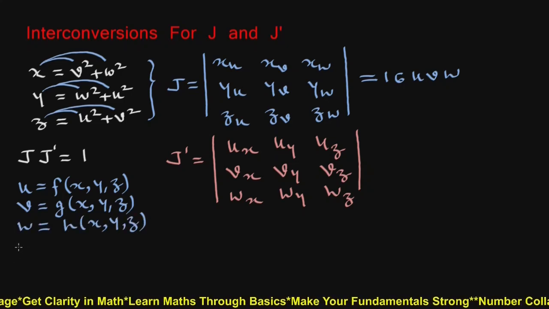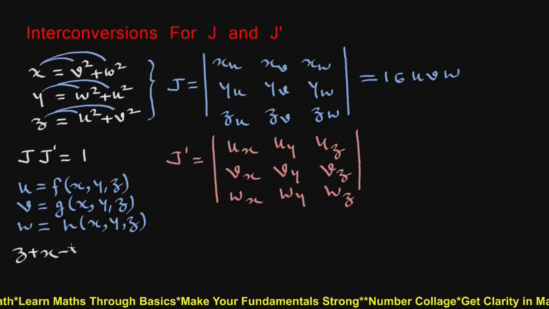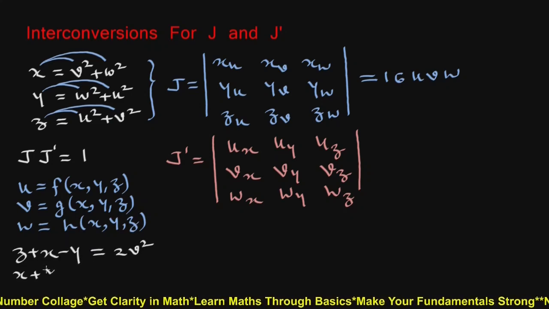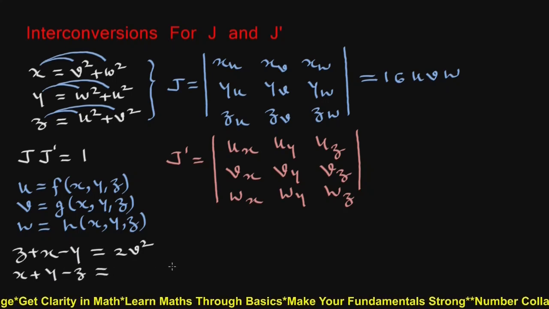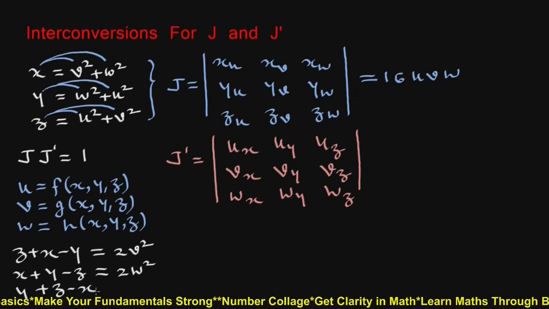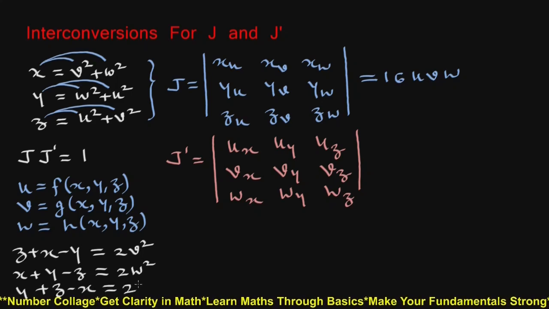We will work out z plus x minus y. That will give us 2v square. x plus y minus z will give us 2w square, and y plus z minus x will give us 2u square.